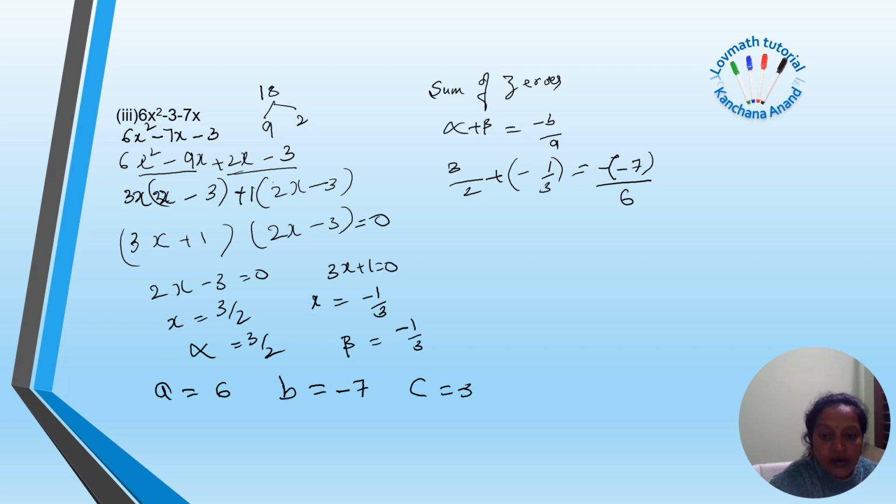By taking the LCM for 2 and 3, we'll get 9 minus 2 divided by 6 is equal to 7 by 6. So this is equal to 7 by 6 is equal to 7 by 6.